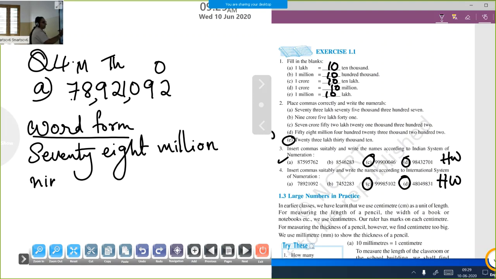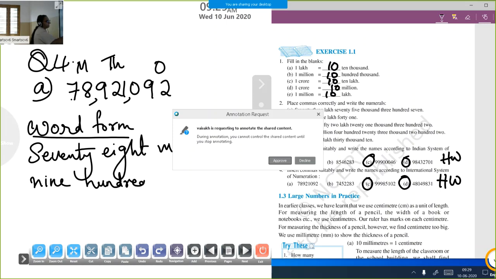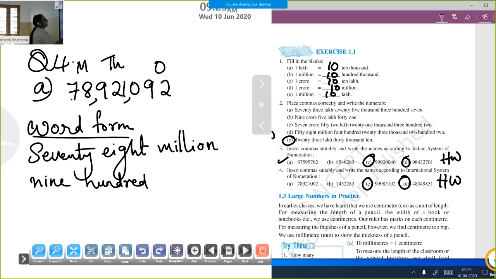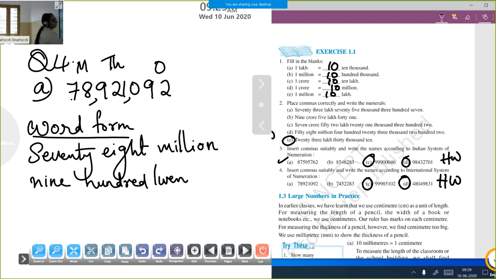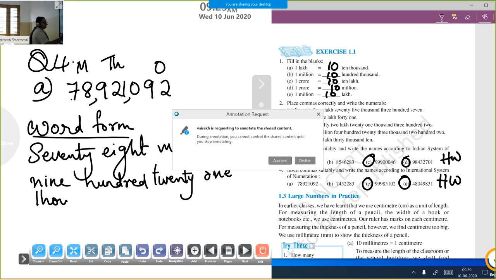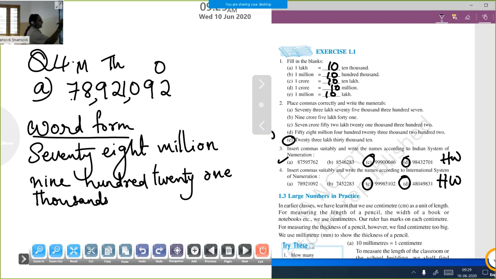We will write 921 in full. 78 million 921, then write the period, thousands, then 92.